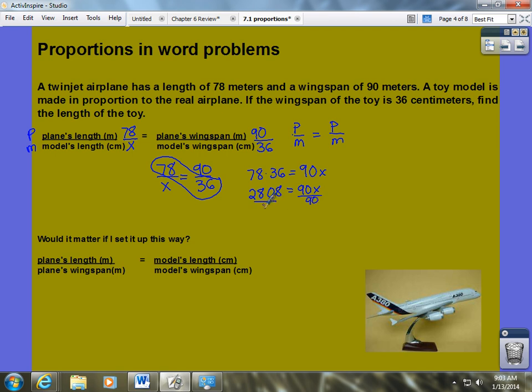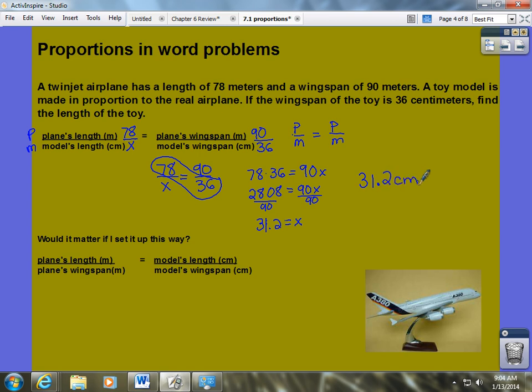I get 31.2. 31.2 equals X. Okay, so the plane's length, or the model's length, is 31.2 centimeters.